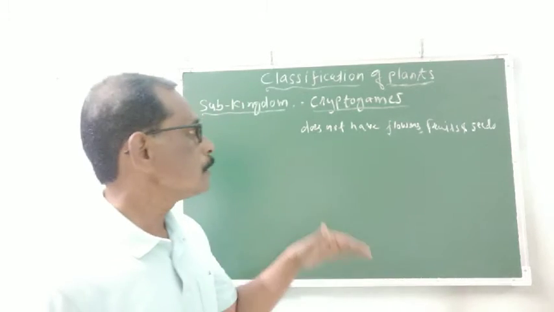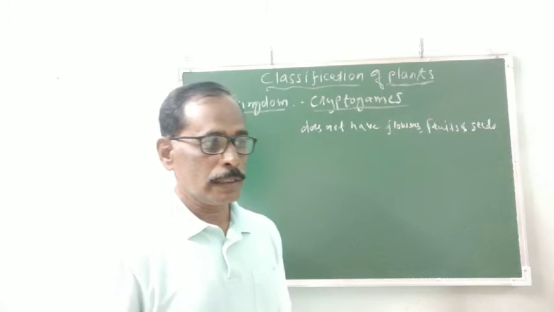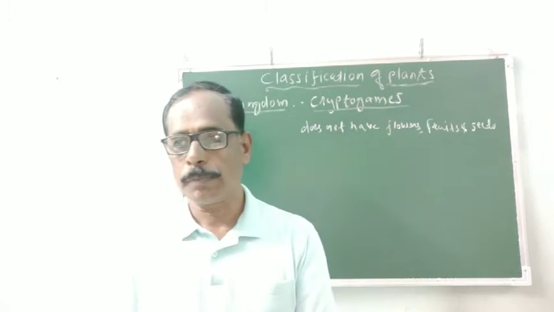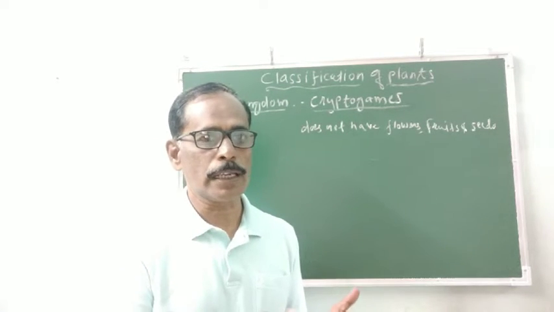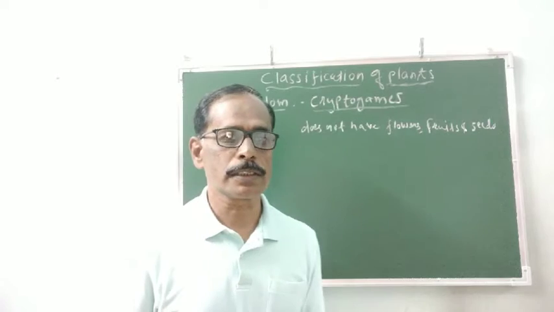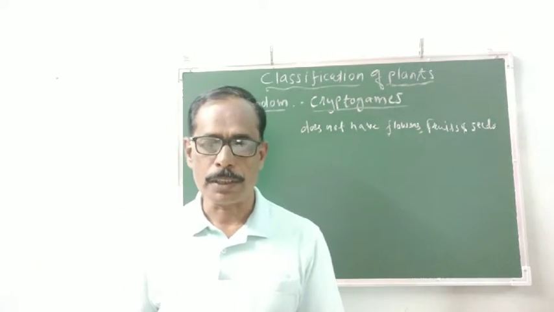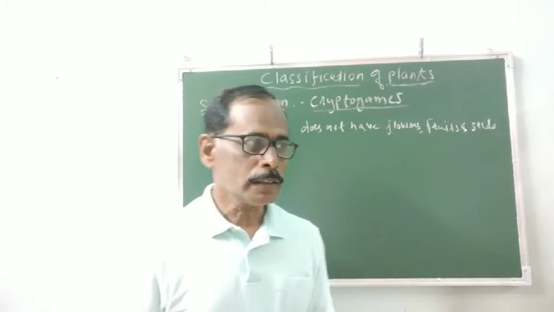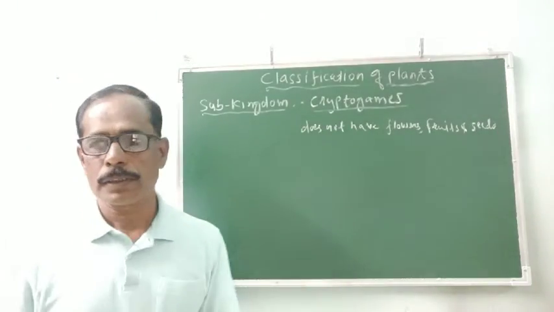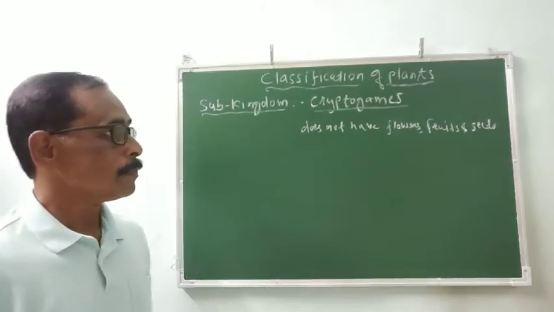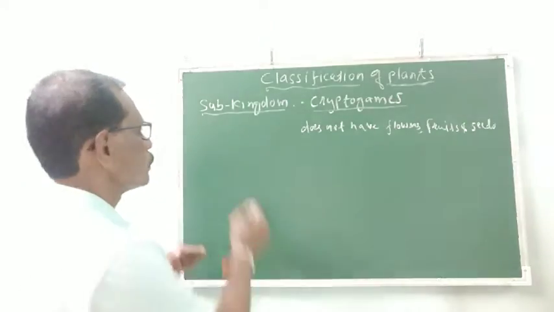To classify the cryptogams, the next basis used is whether the plant has a separate conducting tissue. It means that they have xylem and phloem which can conduct the food material or the water. According to that basis, the cryptogams are divided into three divisions.